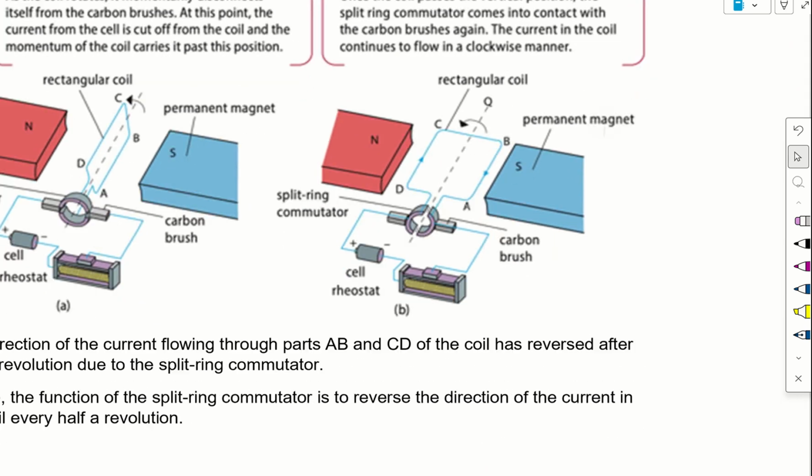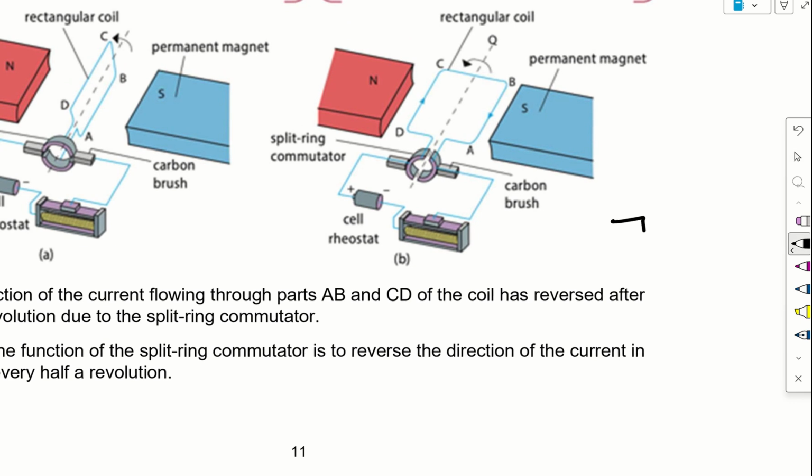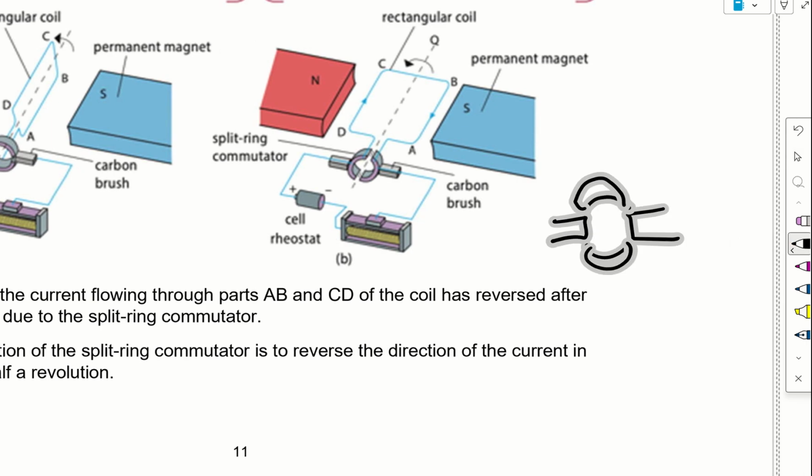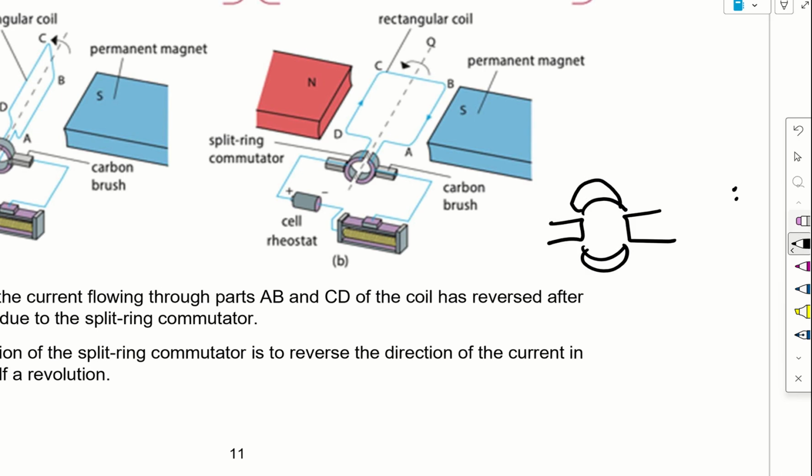So if I were to look at this, this is the carbon brush. There will be an instance whereby the carbon brush doesn't touch the split ring. So when this happens, the coil will just continue to turn.